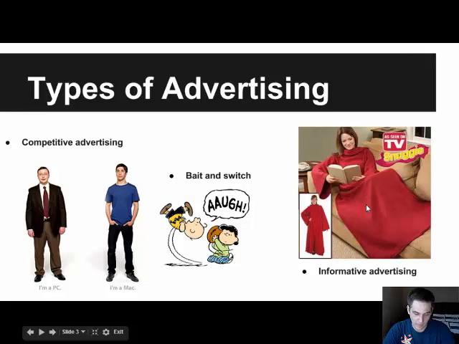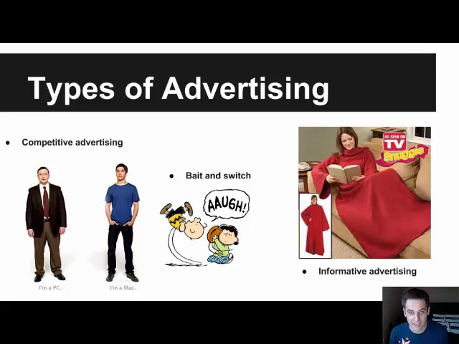Informative advertising. Now, they're not comparing themselves to any other brand names. They're just saying, here's my product. Here's what it does. This is exciting. You should buy this. Like Snuggies. That's informative advertising. They're not saying you should buy a Snuggie and not make your own quilt. There's nothing to compare Snuggies to because it's a class of its own.